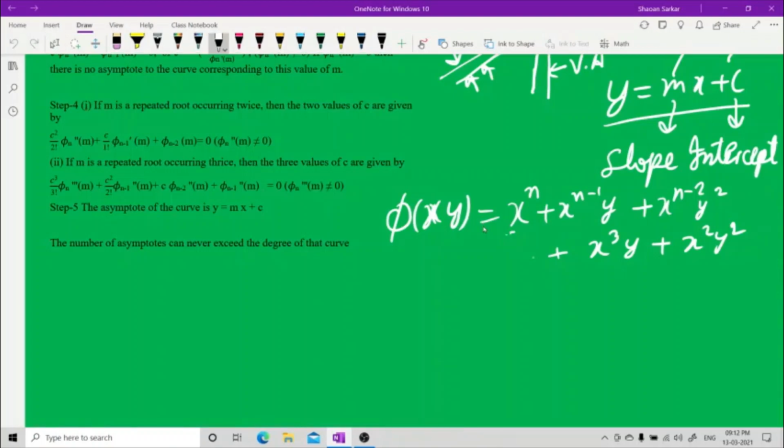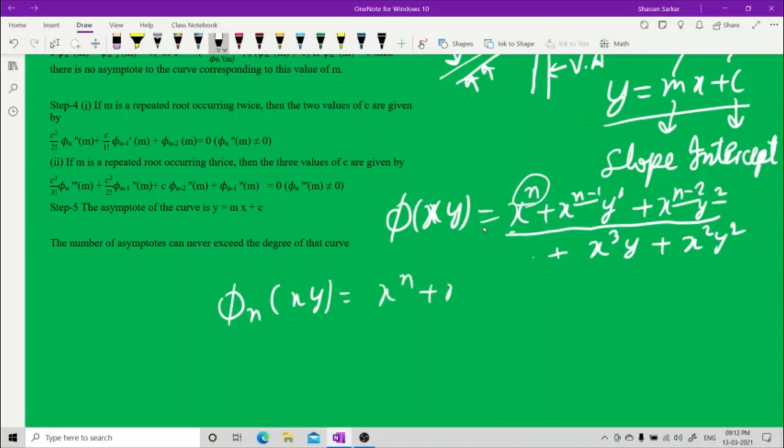The total power of this equation is n. The total power, because this is x to the n minus 1 times y, n minus 1 plus 1, x to the n minus 2 times y square, n minus 2 plus 2. Suppose like this, the total power is 4, 3 plus 1 is 4, so phi 4 xy is x cube y.